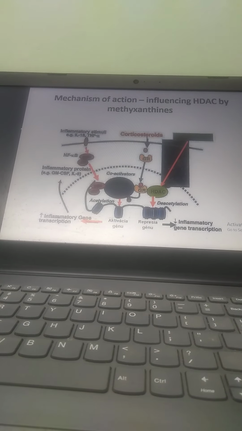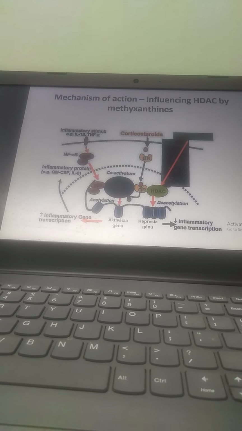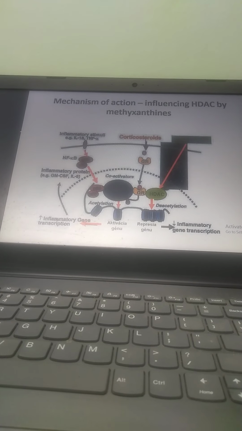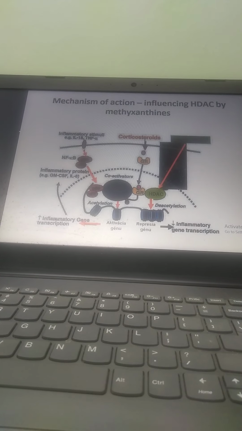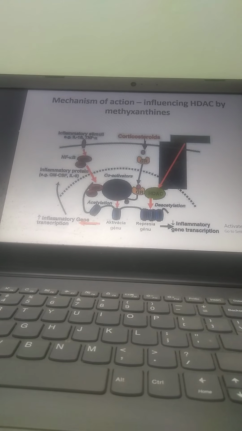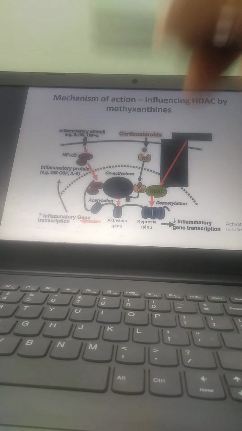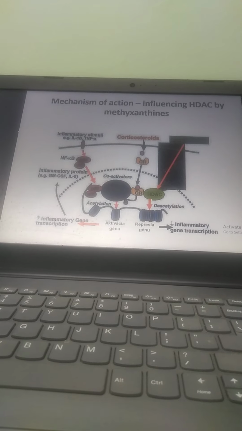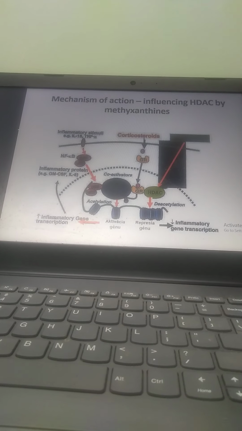As a result, the inflammatory genes are controlled when we give the corticosteroids. They go intracellularly, and there are two types, acetylators and deacetylators, which are taken into consideration. This is the mechanism shared by corticosteroids and theophylline. Then the inflammatory stimuli, interleukin 1 beta and TNF alpha, shown over here, and then NF kappa B, which is p65 and p50, is also an inflammatory protein.